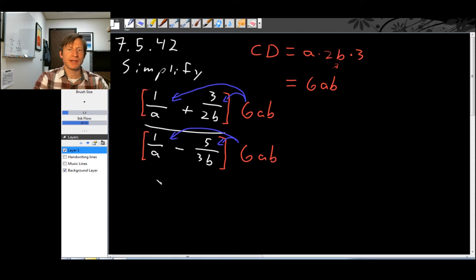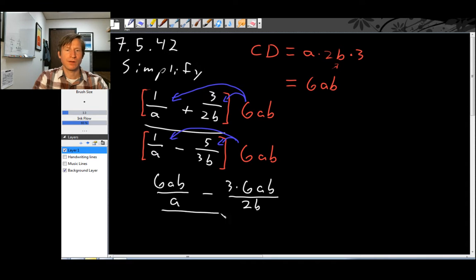On the upper left, we get 6ab over a minus, and then in the upper right, we get 3 times 6ab over 2b, all over, and then the lower right, 6ab over a minus 5 times 6ab over 3b.